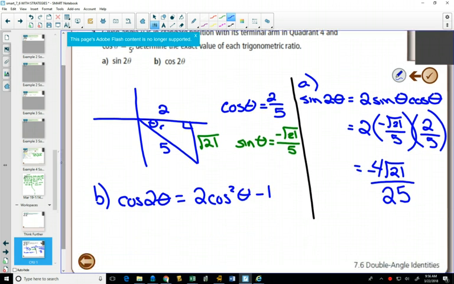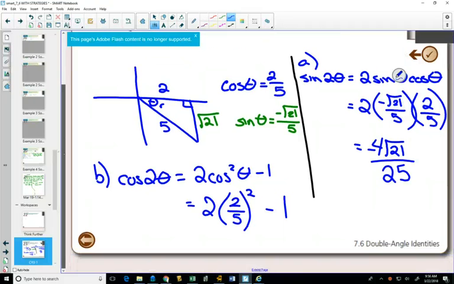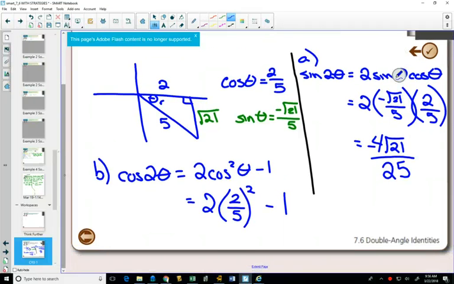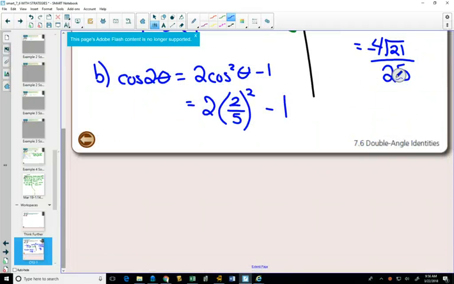But using this one, well, what does it mean when I have cos squared? Well, since cos is 2/5, cos squared would be 2/5 squared, times 2, minus 1. And now we just have to do some basic order of operations and arithmetic to figure this out. We would square first. Squaring that will give me 4 over 25.